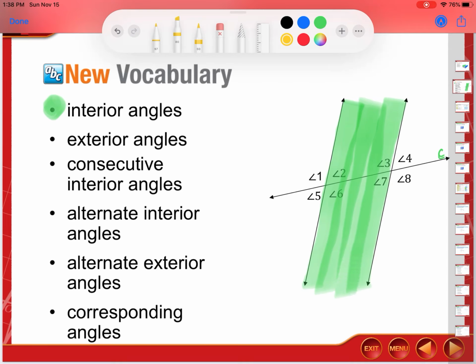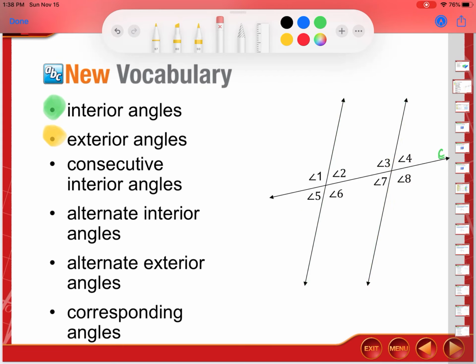In this green section here is our interior, and our exterior is this yellow piece that's outside the two lines. So interior is inside the two lines, exterior is on the outside. Angles 2, 3, 6, and 7 would all be interior angles in this example, and then 1, 4, 5, and 8 would all be exterior.